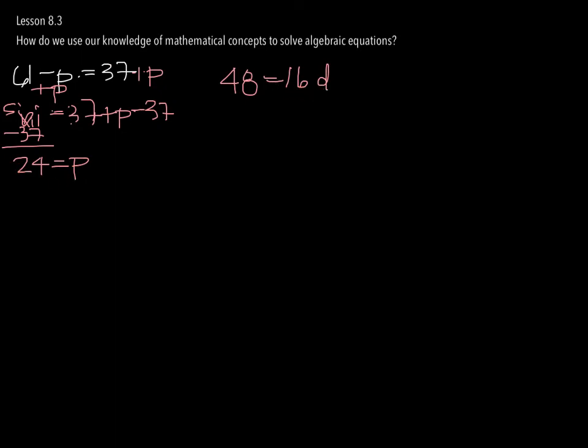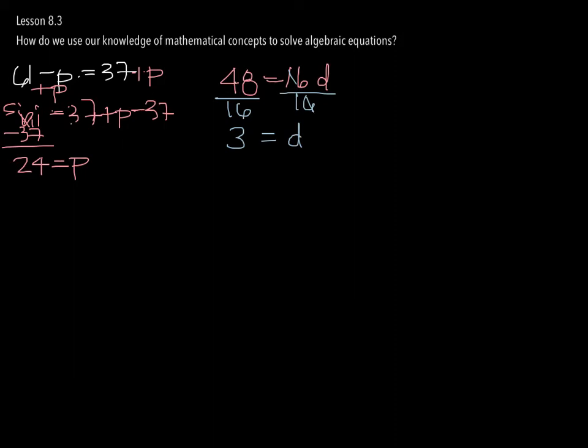What's the opposite of multiplying by 16? Hopefully, boys and girls, you realize the opposite of multiplying by 16 is to divide by 16. And whatever I do on one side of the equal sign, I do to the other. So now I have 16 divided by 16 is 1, and what I'm left with is d, and then I have 48 divided by 16, which gives me 3. So that's how we do division.